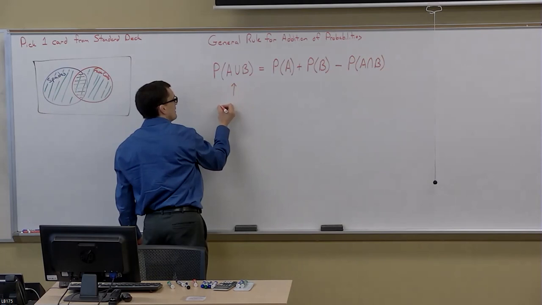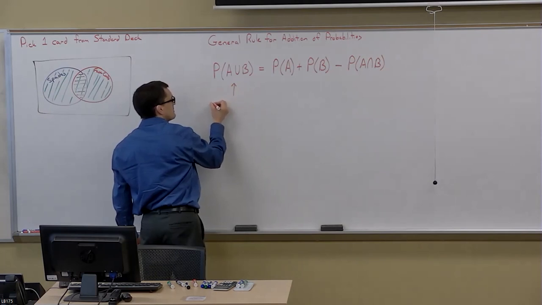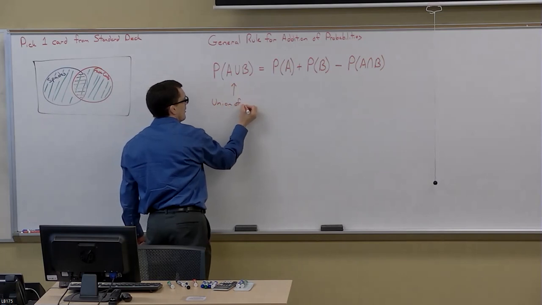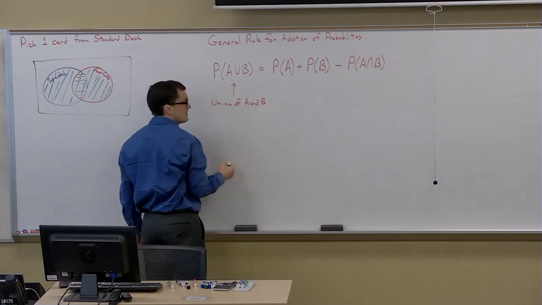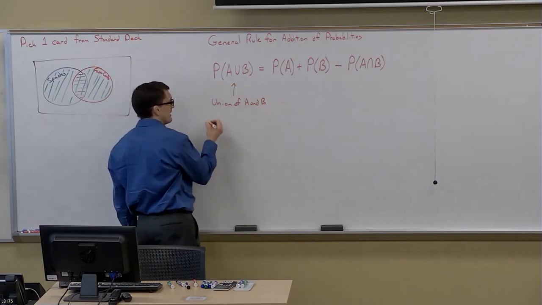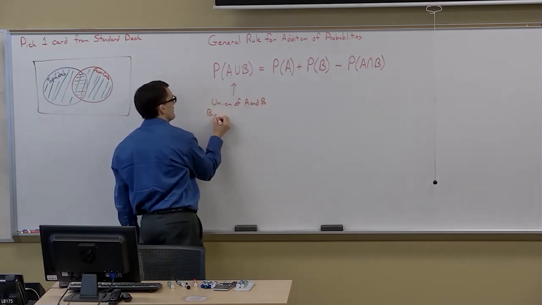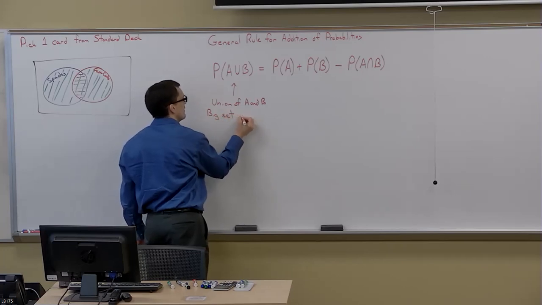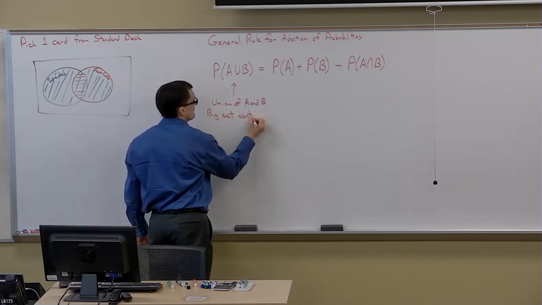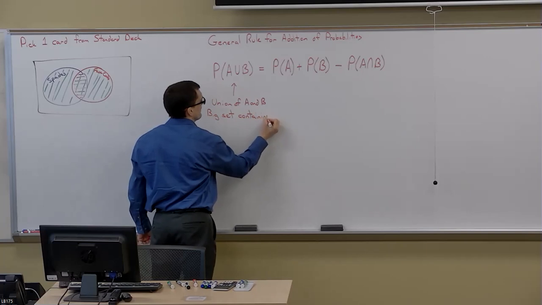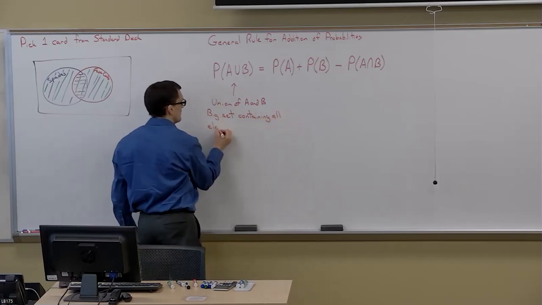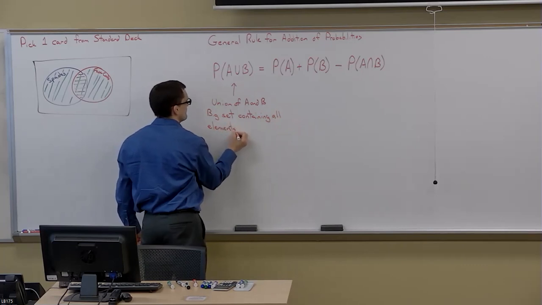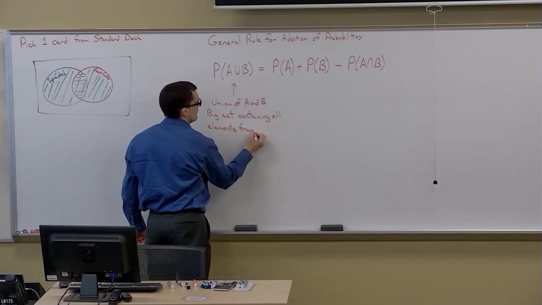Again, this is the union of A and B, which is a big set which contains all elements from both.